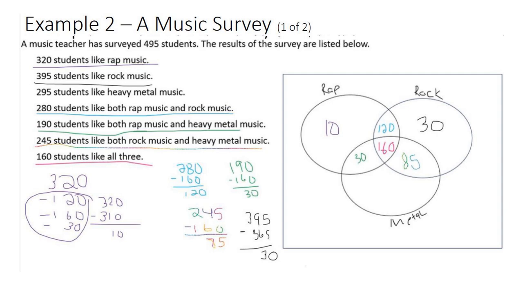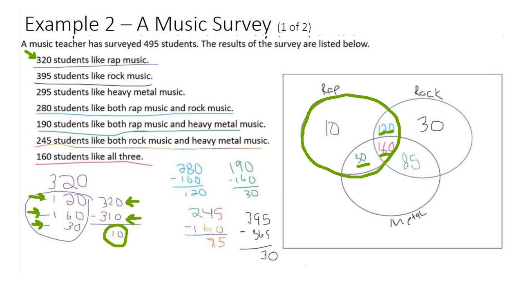So now we're looking at only the rap circle, which I'm tracing in green here. And for this rap circle, you already have 120 students sitting there. You have 160 students sitting here, and you have 30 students here. So if you take the 120, the 160, and the 30, and you add those three together, you get 310. But we know there's 320 students. So if we subtract, we end up with 10. And that's the number that would be in this region, right here.